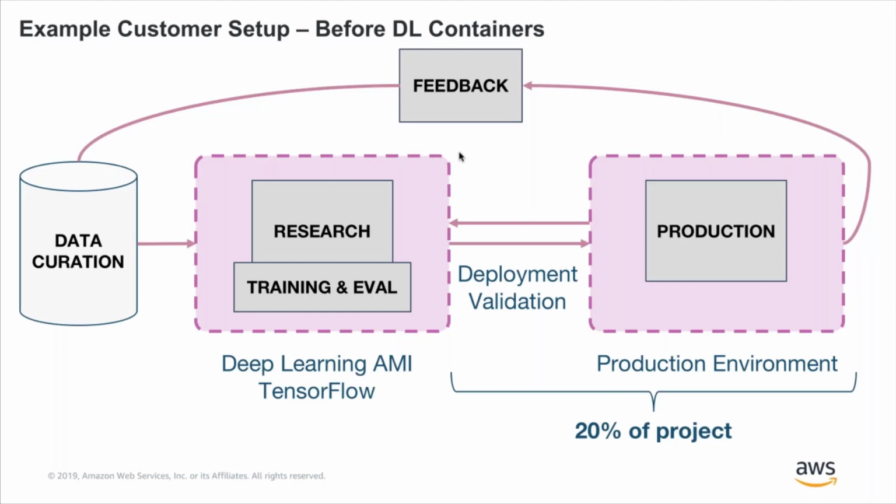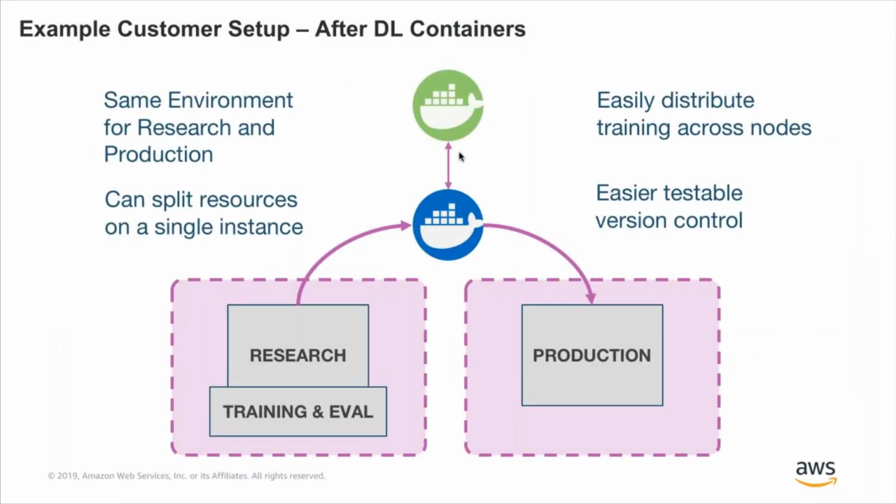Now, if we could resolve the issues between research and production, we not only increase the speed to market, we are also giving the customer an easier path to productionizing and identifying production issues sooner. So now with deep learning containers, the same images are being used in production and in research training and evaluation.